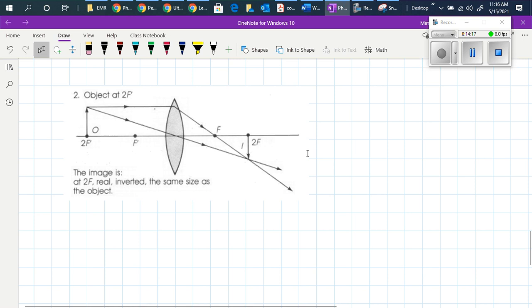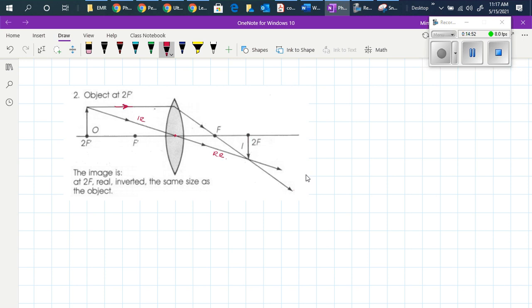For what you are doing in Physics 30, it's good enough to use the two rules. What you see in this case is that the incident ray parallel to the principal axis passes through the focal point, and the ray through the center of the lenses goes straight through along the same line. So this is the incident ray and this is the reflected ray.